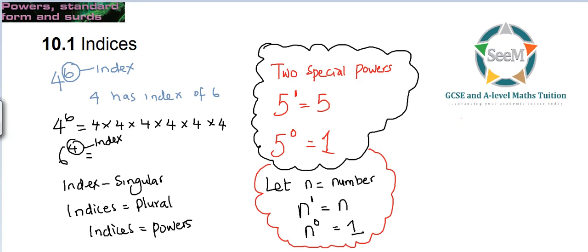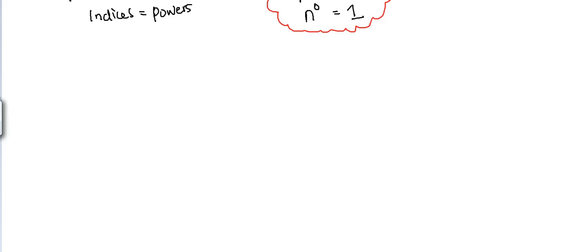Okay, what about negative indices? I'm going to scroll down. So negative indices. Suppose you're given x to the power of minus a. Well, this is the same as 1 over x to the power of a.